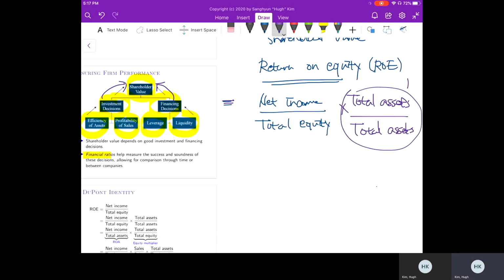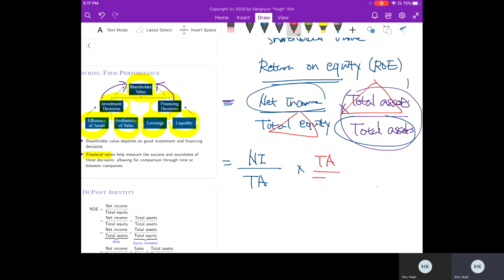Now I'm going to rearrange this a little bit. So net income over total asset times total asset over total equity. So I've decomposed ROE into two parts.